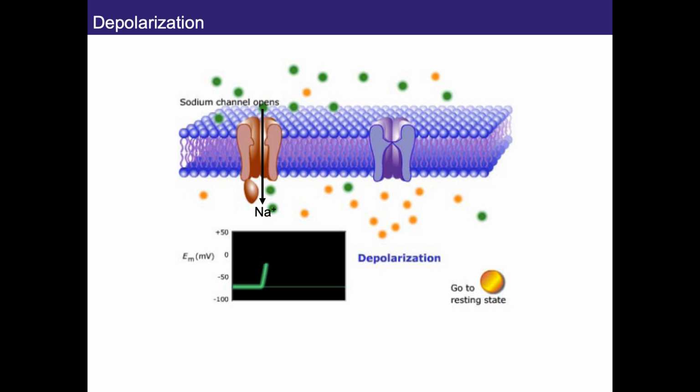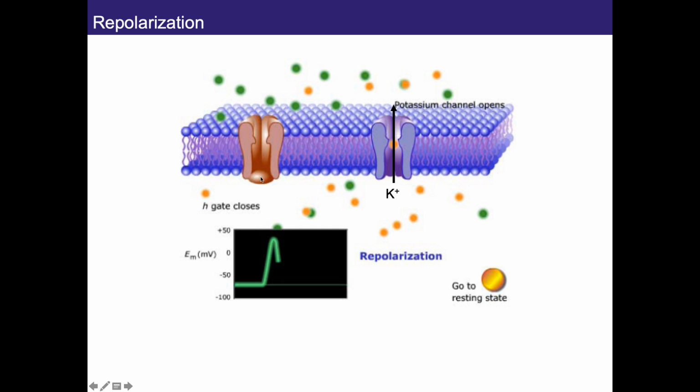Then the voltage-gated channel inactivates, and it's the depolarization that actually opens up a potassium channel. This is called the delayed potassium channel. So sodium channels close, the delayed potassium channels open. That is a second population of potassium channels that now pulls the membrane potential back down closer to the equilibrium potential for potassium.